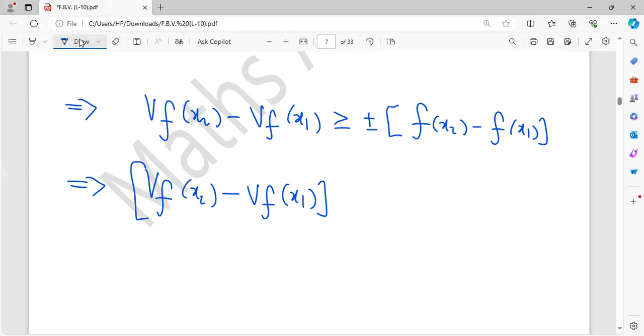Plus will become minus and minus will become plus, of f(x2) minus f(x1).